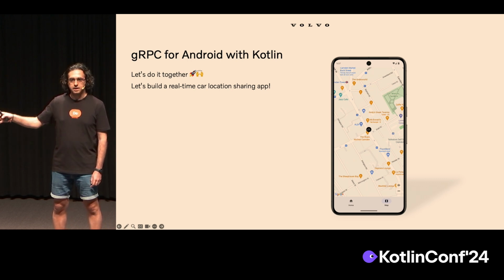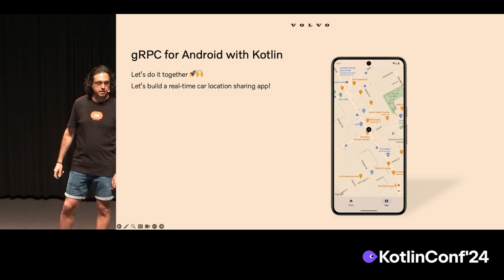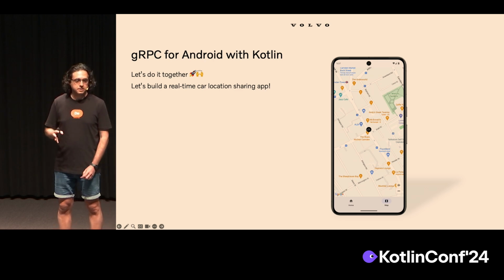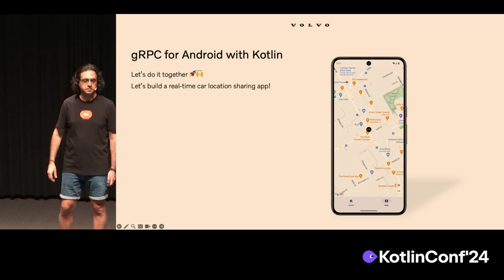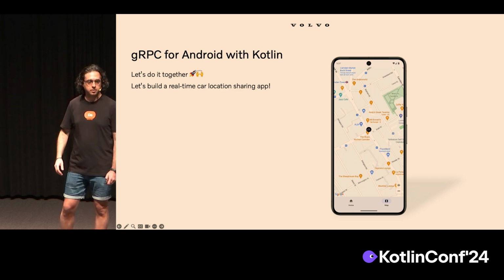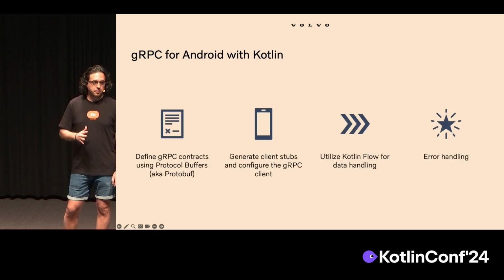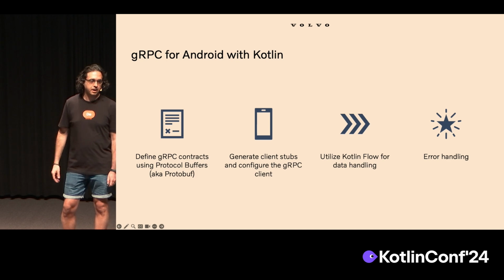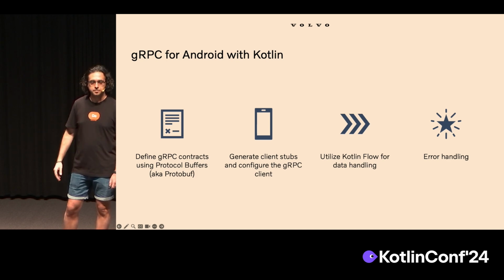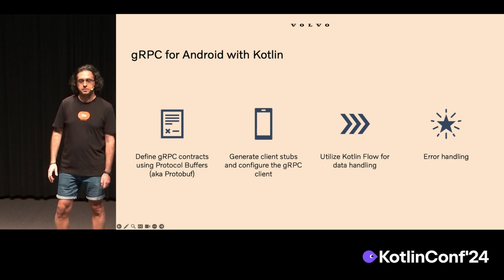I'm going to do a little bit of live coding in a while. The aim of this application is just consuming some real-time data from a backend service and updating the UI accordingly, and of course using gRPC. I'm going to cover 4 main steps here. First, defining the gRPC contract, or the protocol schema, and that is already done.